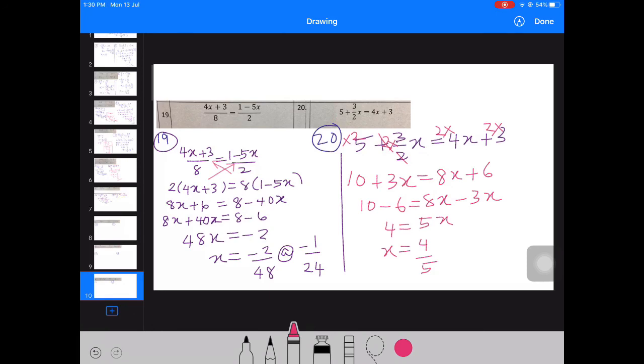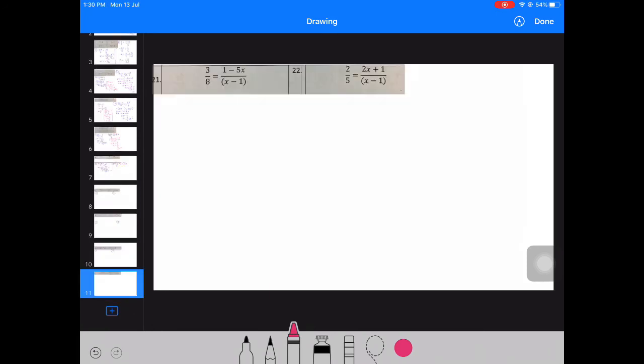So this is number 20. Number 21 and 22. Okay, number 21 is 3 over 8 equals to 1 minus 5x over x minus 1. So you can see that x is on one side, however one term is at the numerator and another one is at the denominator.